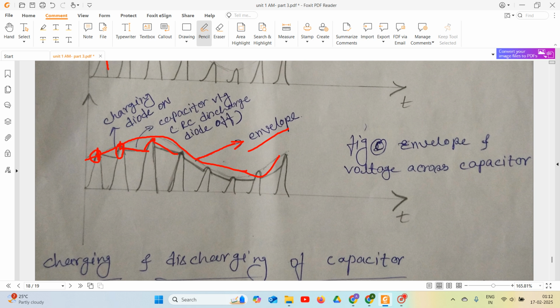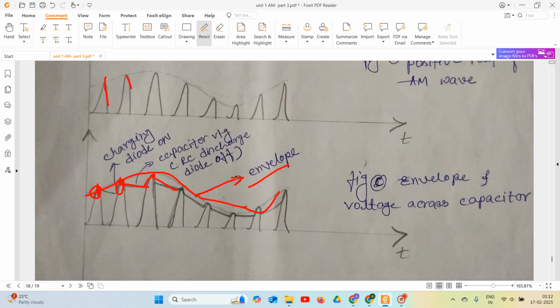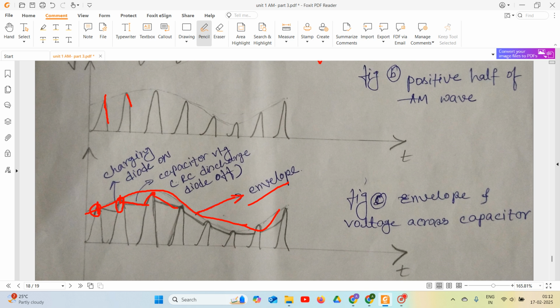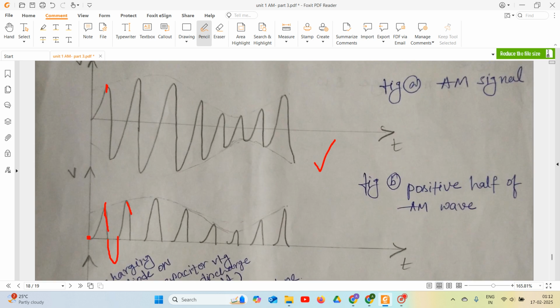If we measure this envelope across the load resistance RL, we are not getting the negative half cycle. You know very well, during the negative half cycle your diode is off. The diode conducts only during the positive half cycle of your input. There is no negative half cycle in that.